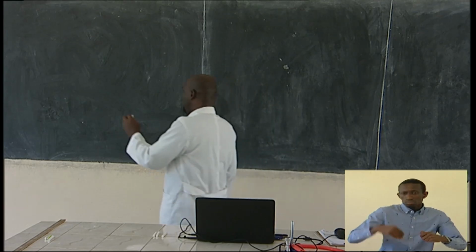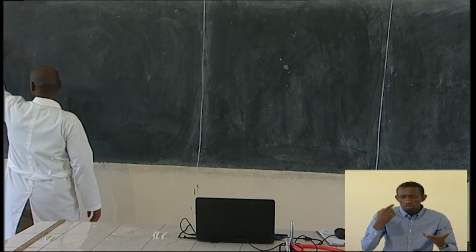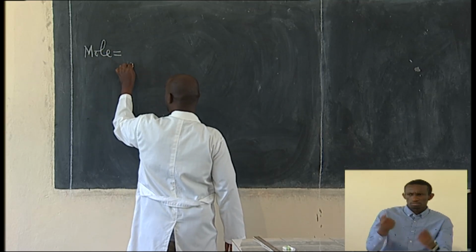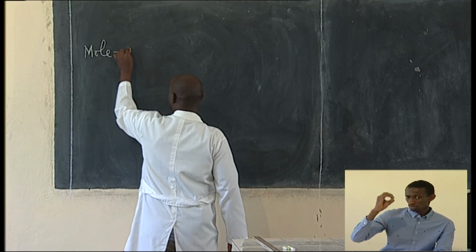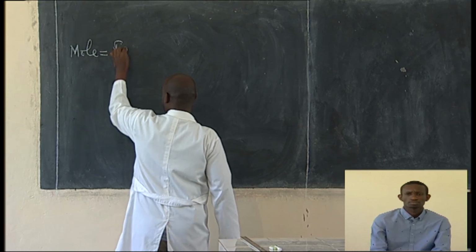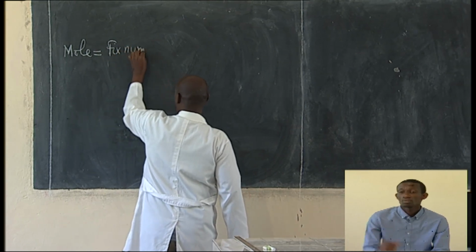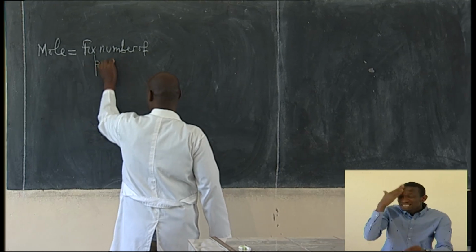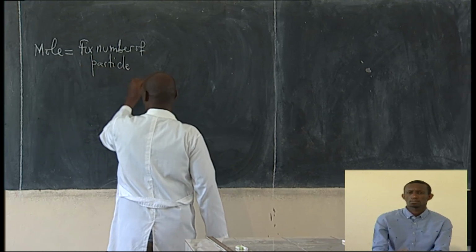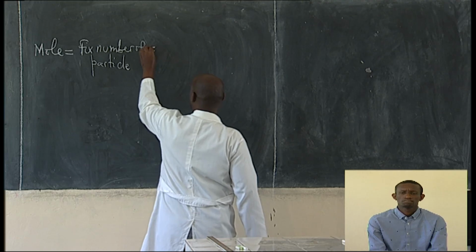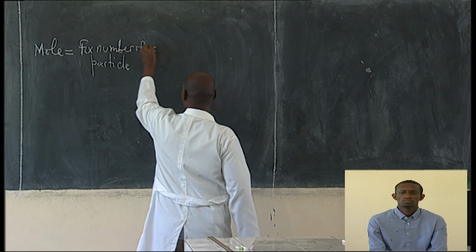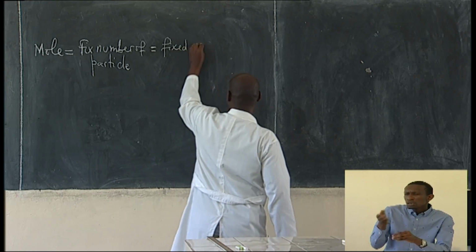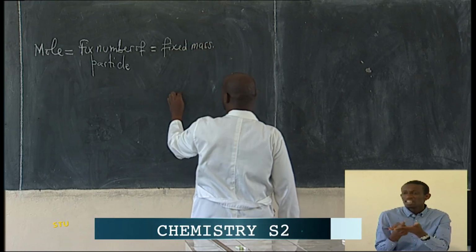So let's say we have a mole, which contains a fixed number of particles, and the fixed number of particles has a fixed mass.